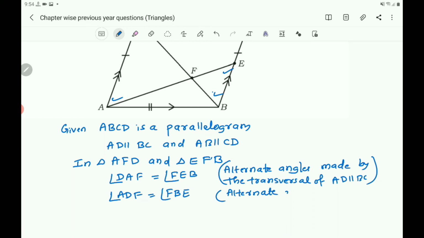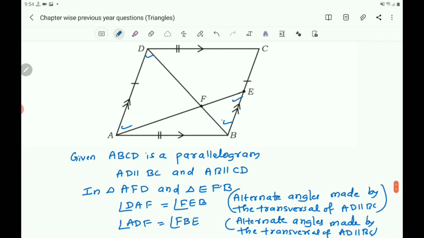Alternate angles made by the transversal of the same parallel lines AD parallel to BC.